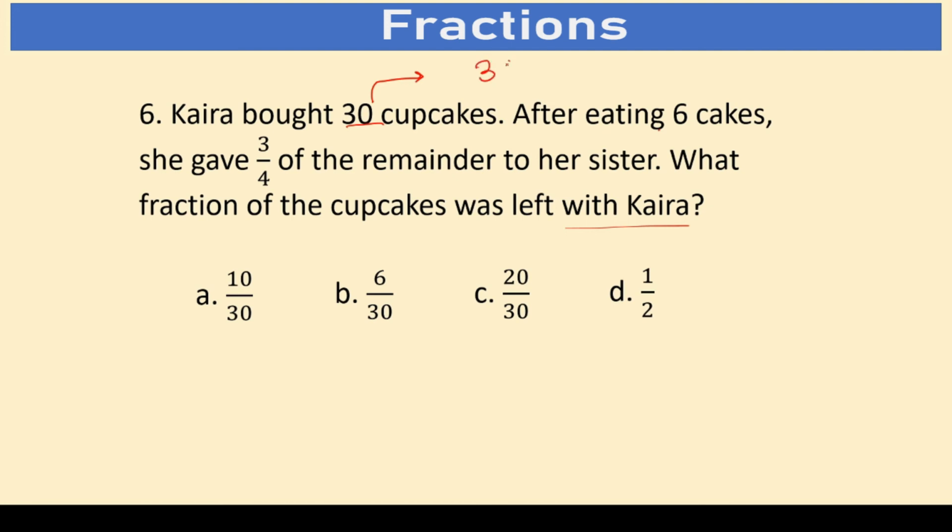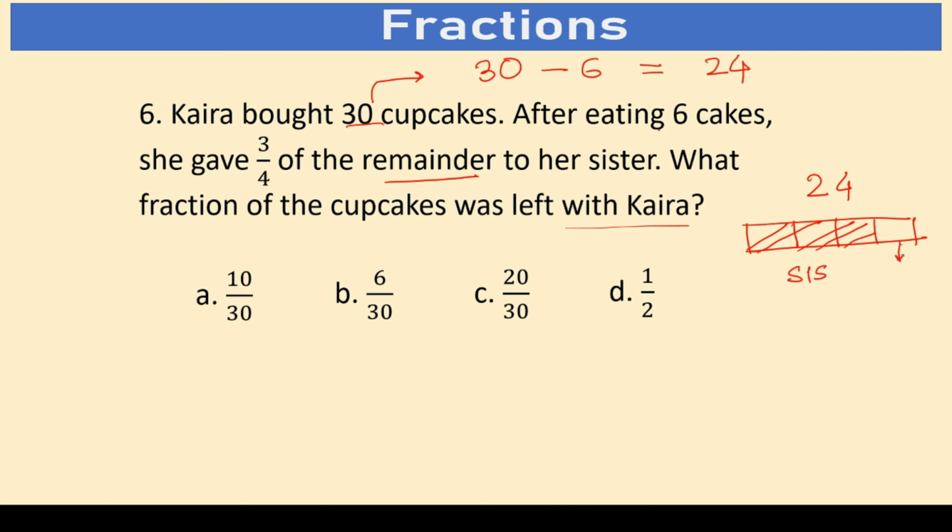So the total cupcakes left were 30 minus 6, which is equal to 24. Now the remainder is 24. Now she divided 24 into 4 equal portions, and 3/4 of it, that is 3 portions, she gave to her sister and 1 portion she kept for herself.